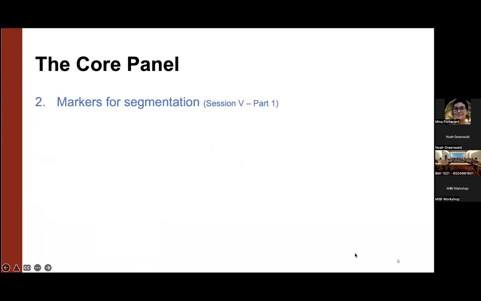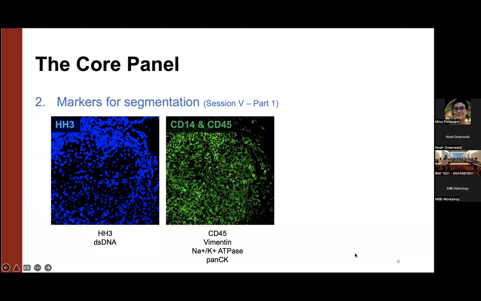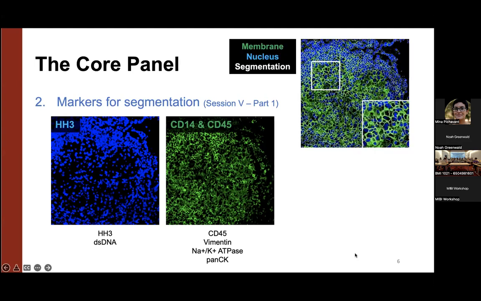Next, in this core panel, we include markers for segmentation, and so this will be discussed in depth in session 5. But for segmentation, it is necessary to include a nuclear channel, which in our lab usually consists of having HH3 or dsDNA, as well as a cytoplasm or cell membrane channel that can include one or multiple of these markers, which is CD45, vimentin, sodium potassium pump, or PAN-CK.